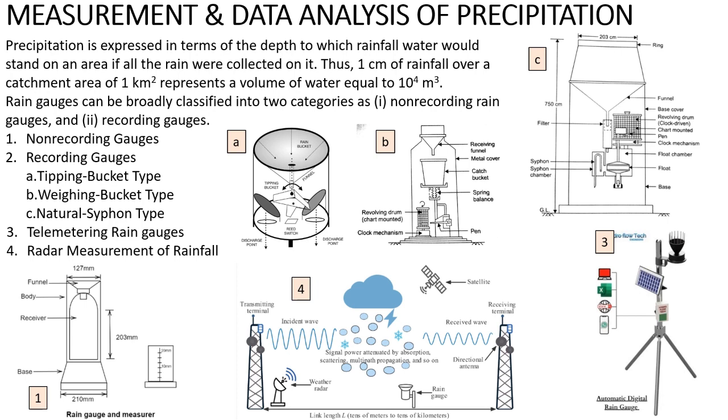Telemetering rain gauges and radar measurement of rainfall. Itong dalawa are used sa mga hard to reach places, or this one, itong number 3, used sa mga hard to reach places kasi solar powered siya, and then yung data niya are gathered automatically, and then pinapass na lang niya through satellite yung mga datang nagagather niya.